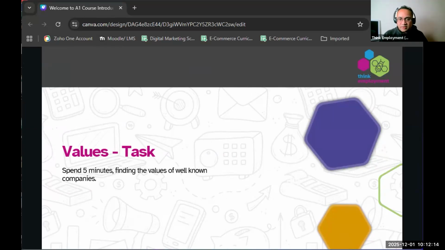What are they setting out as their values? A good one to start off with is the NHS. So you can use Google, go to a couple of companies and find the values of those companies. I'll give you 5 minutes and you use the chat to put the values in. Put the company name. So if it's the NHS, put the NHS and then a little dash and then the values listed. Okay, so 5 minutes.